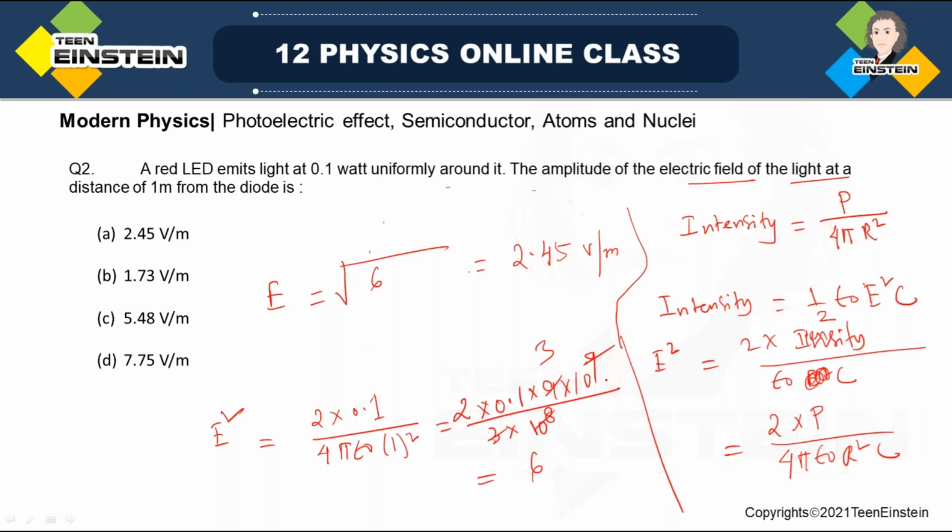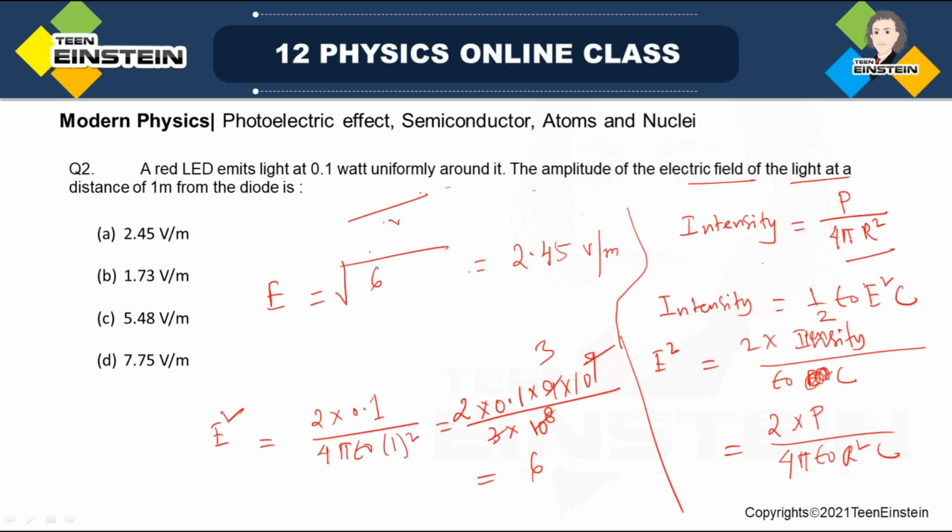Okay, so I hope you understood this. See here, intensity is equal to power by area. Area means the distance, that has to be taken as the radius.